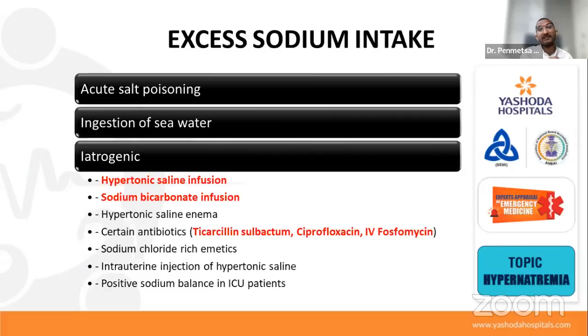And how do you differentiate whether it is central or nephrogenic diabetes insipidus? You give desmopressin either intranasally or subcutaneously. If there is more than 50% improvement in the urine osmolality, then it is central. And if it continues to be less than 300 and there is no response to external supplementation of desmopressin, that means the kidney is not responding to desmopressin.